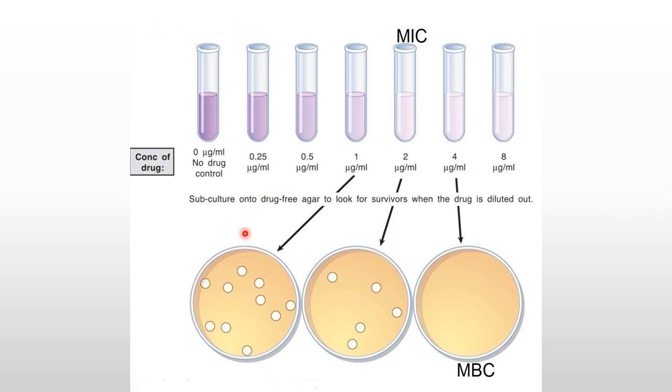Then we subculture the test solutions into solid agar medium and observe the growth by formation of colonies. If there is no turbidity or no growth in a test tube, there is no formation of colonies, which indicates the complete bactericidal activity of the test antibiotic.